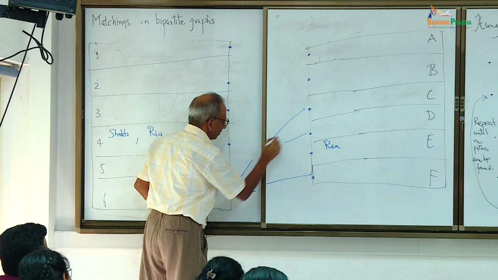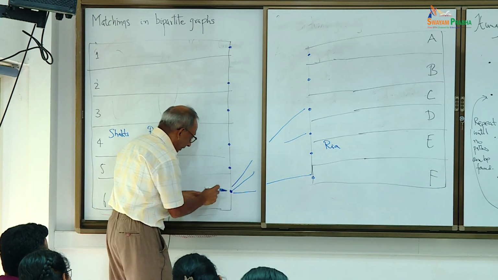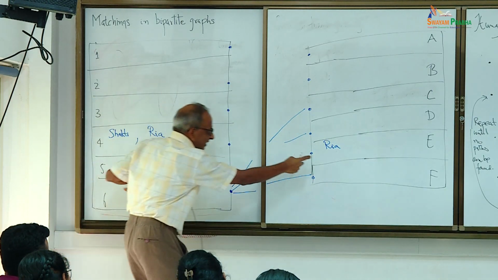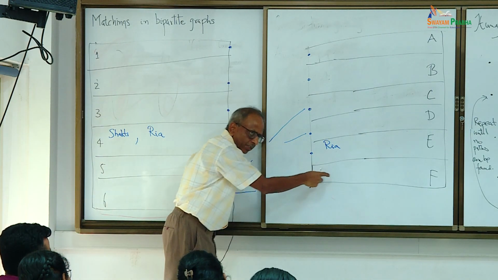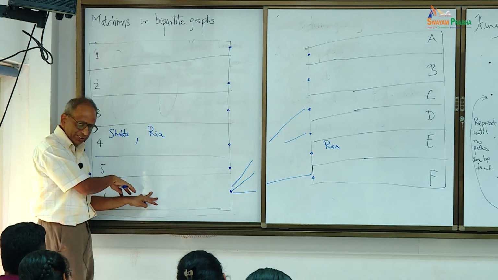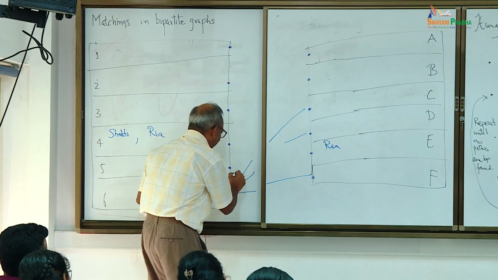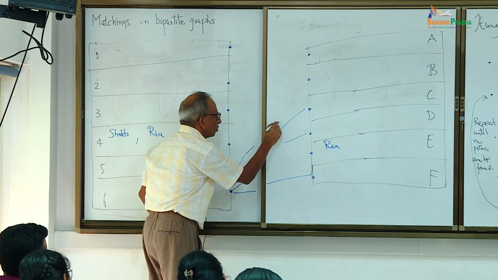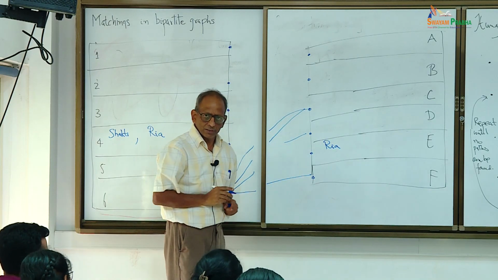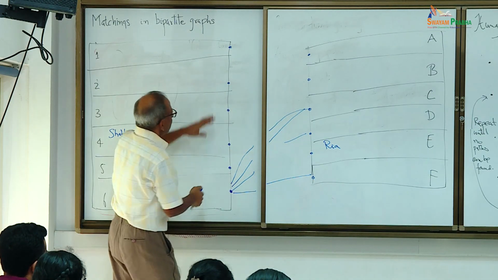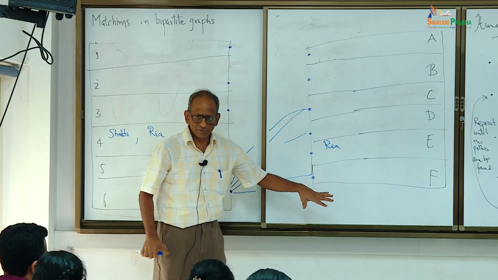If there are two people here who are also in the same group here, say two people who happen to receive the number 6, but they both happen to be in C, then you add 2 parallel edges. So this becomes a bipartite graph.